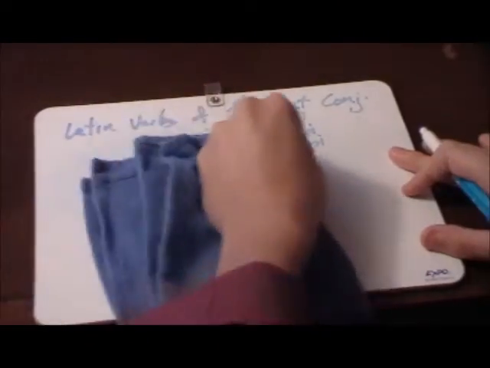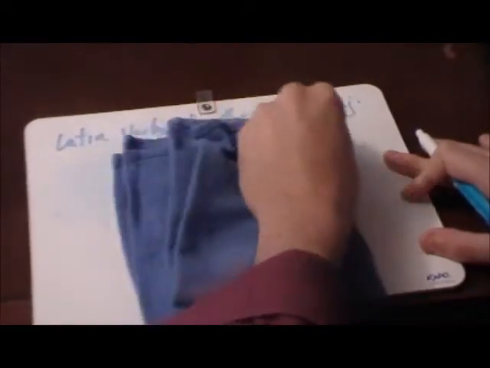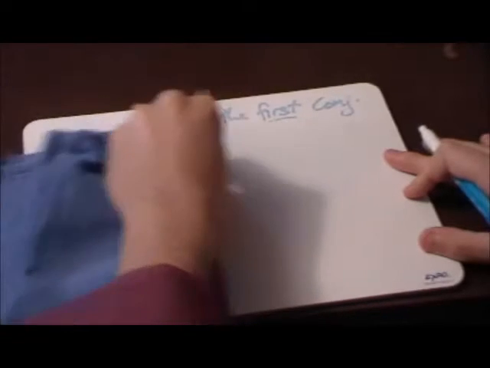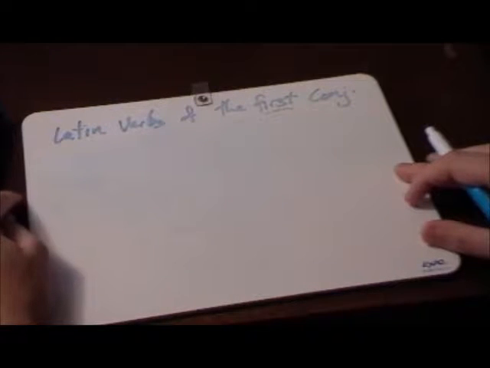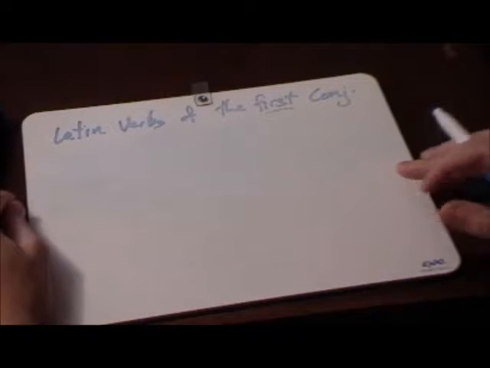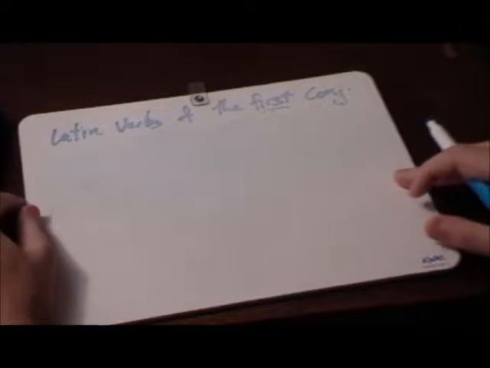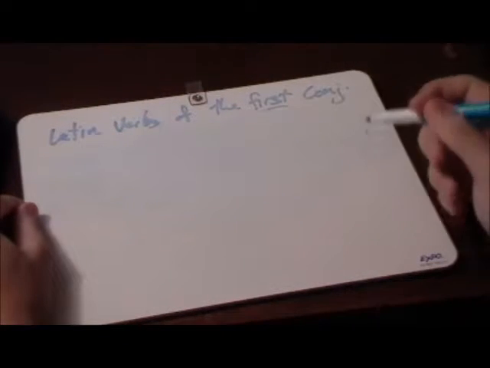Now after the tense indicator, you'll remember for the imperfect, you had to add your personal ending. So let's review the endings. Do we remember the ending song, the Mickey Mouse song, O-M-S-T-M-U-S-T-I-S-N-T?